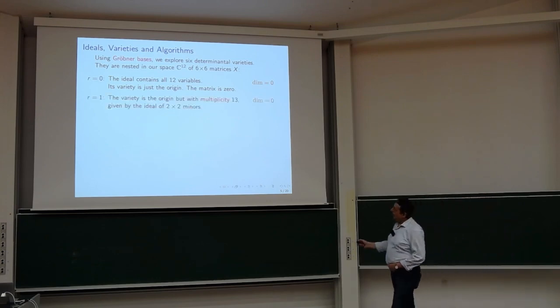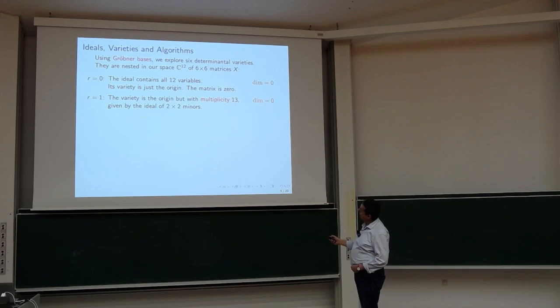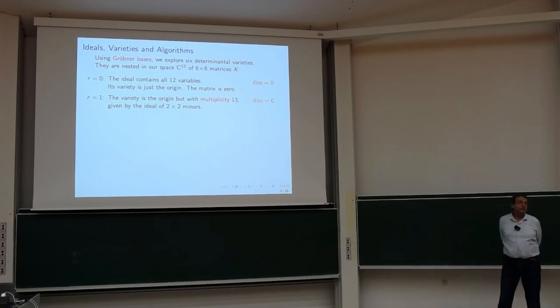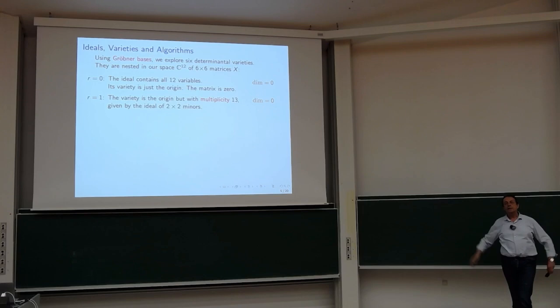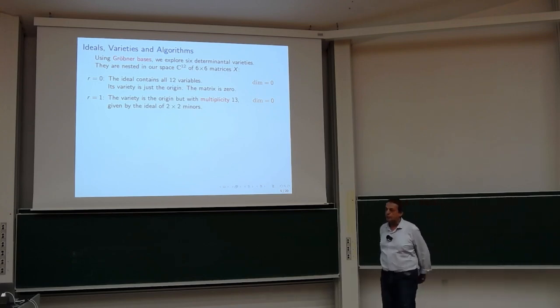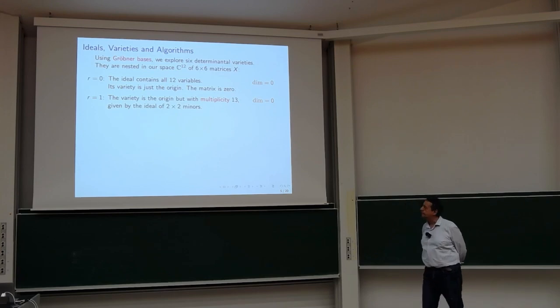Now, what about rank 1? Well, rank 1, now the ideal is given by the 2 by 2 minors, so we make the 2 by 2 minors vanish. So it turns out that the only solution is still just the origin, but now it's a bit more interesting. It's a point with multiplicity 13. It's like a fat point. So just like if you have multiplicities of roots of polynomials in one variable, here we still have a 0-dimensional solution set, but the multiplicity will be 13.